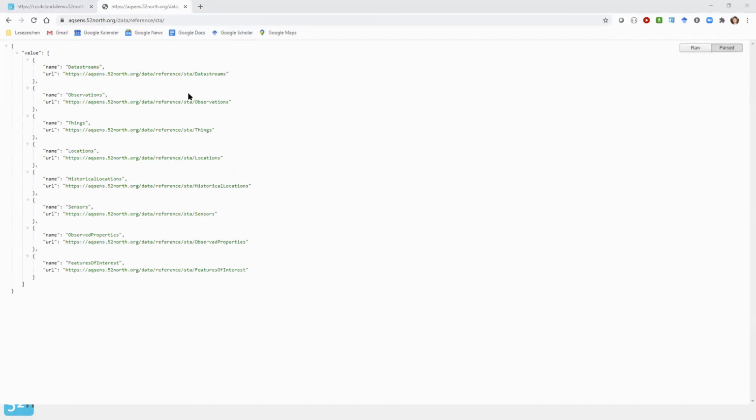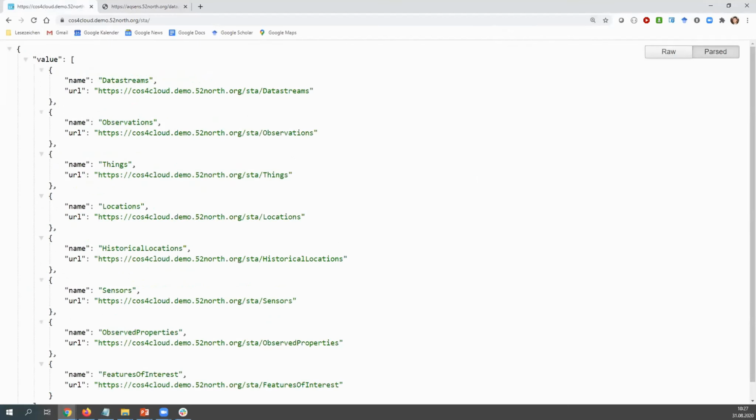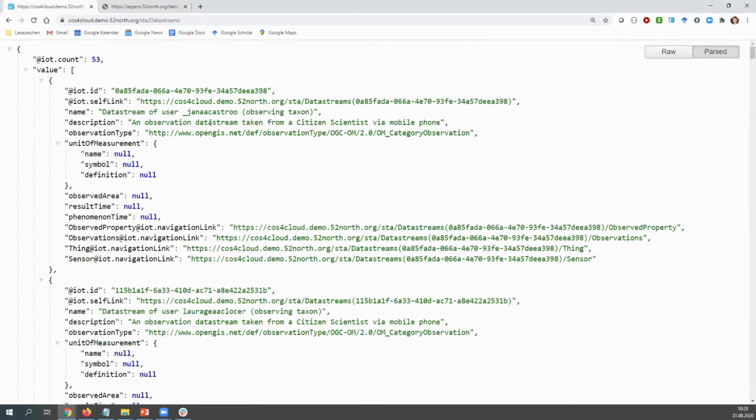Let me check. So I hope you can see my browser. And in here, you can basically see the different endpoints which we have, like the data streams. And here you have, for example, an observation data stream taken from a citizen scientist via mobile phone.